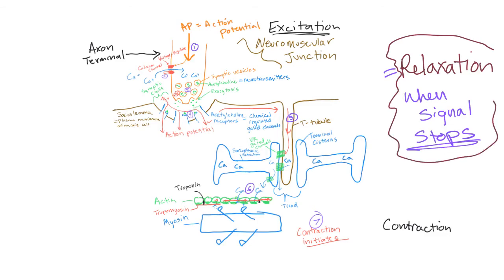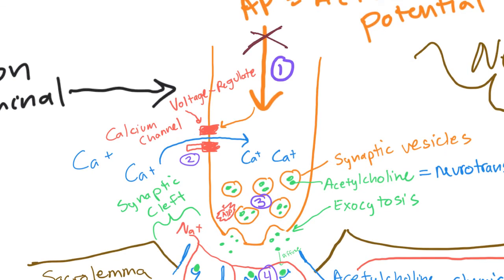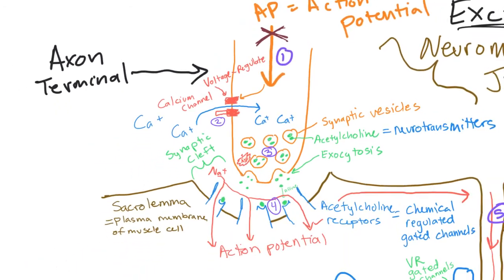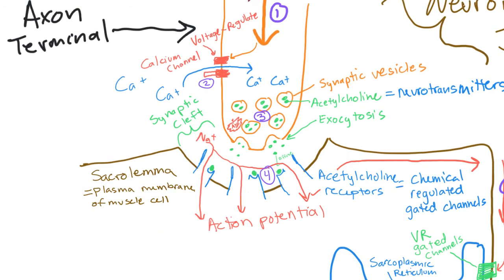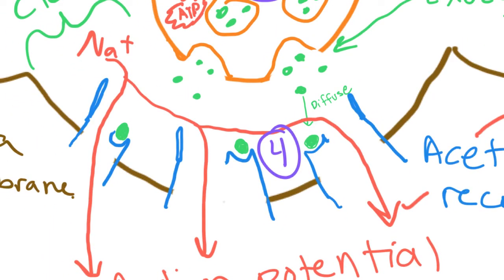All right, so relaxation is when the signal stops. So if this signal stops, that channel's going to close, okay? But one of the problems we have is there's still a bunch of neurotransmitter in the neuromuscular junction.